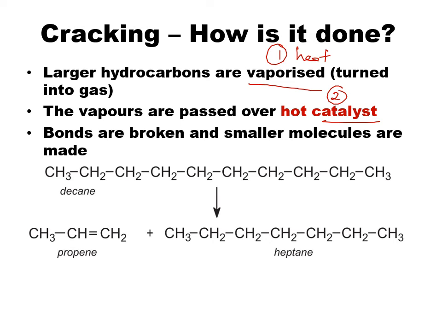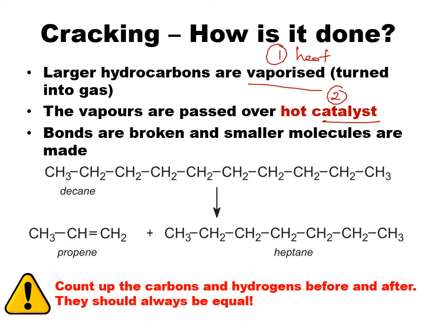So we have an example here where we have decane, which after the cracking is broken down into propene and heptane. Please be careful here: you need to count up the carbons and hydrogens before and after. They should always be equal.